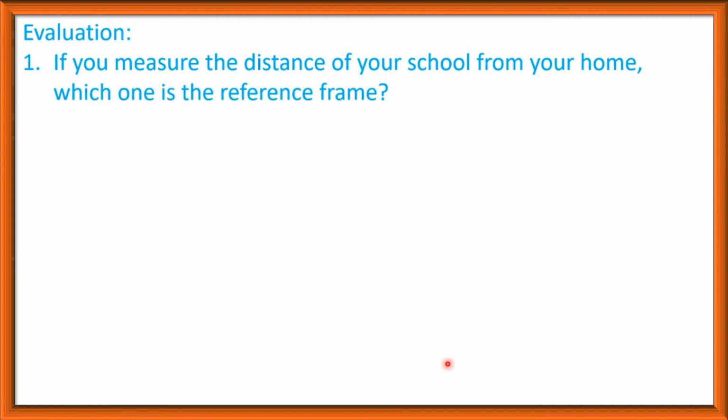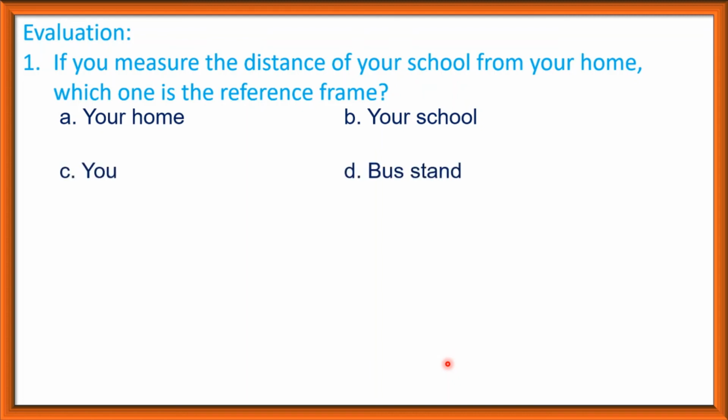Now evaluation. If you measure the distance of your school from your home, which one is the reference frame? Your home, your school, you, or bus stand. Which one is correct?